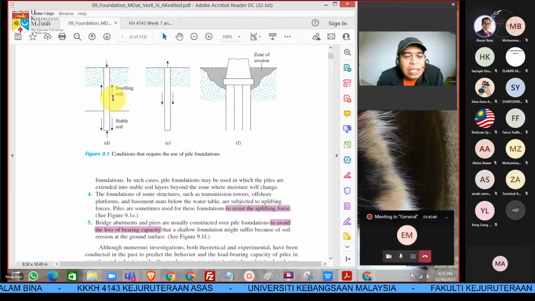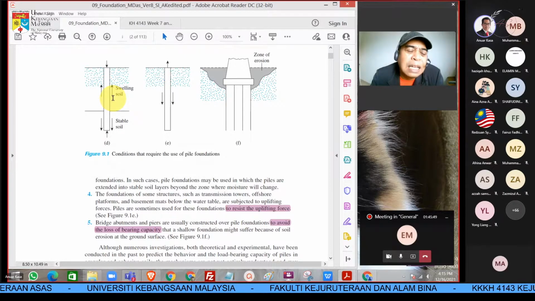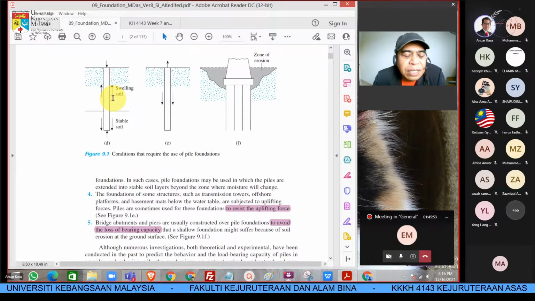It actually becomes negative instead of positive. So it becomes negative and there is a swelling soil.